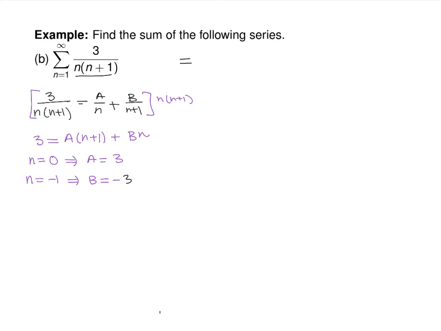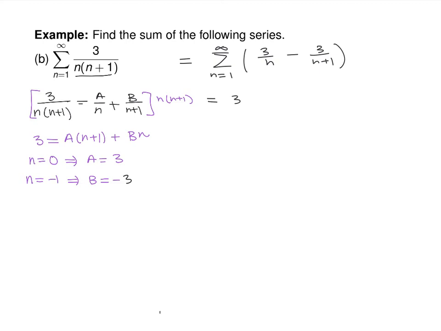So our sum can be written as a sum from n equals 1 to infinity, 3 over n minus 3 over n plus 1. And I'm going to factor that 3 out.